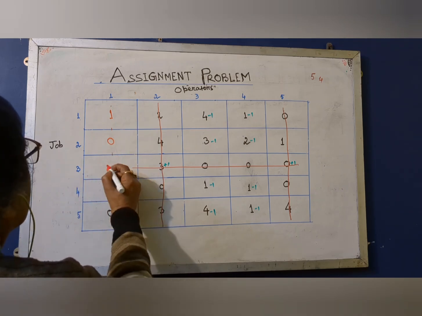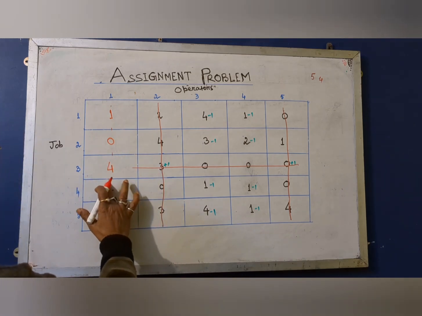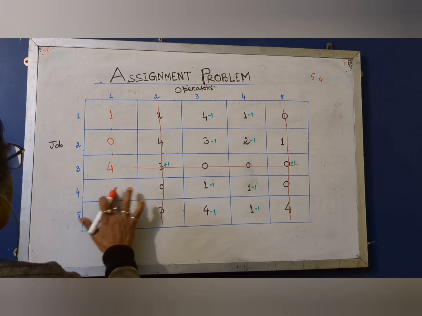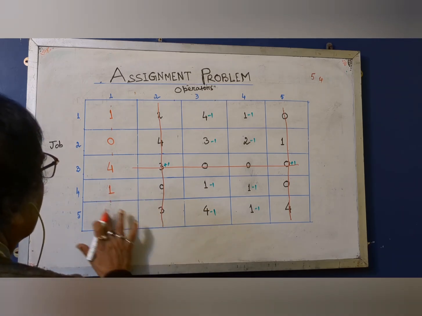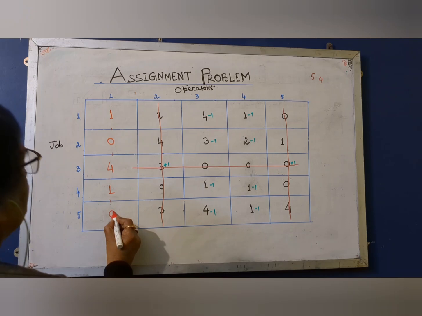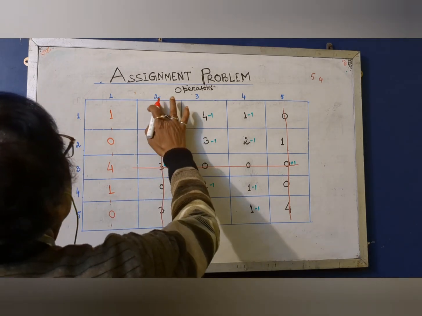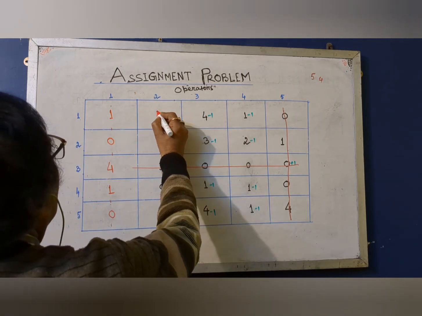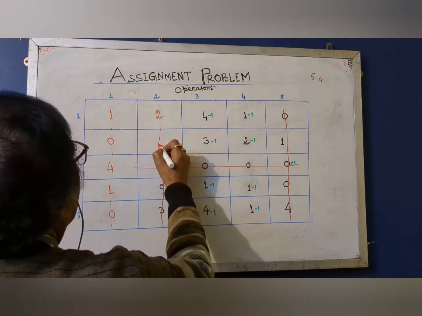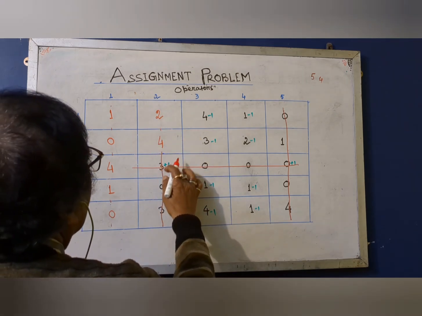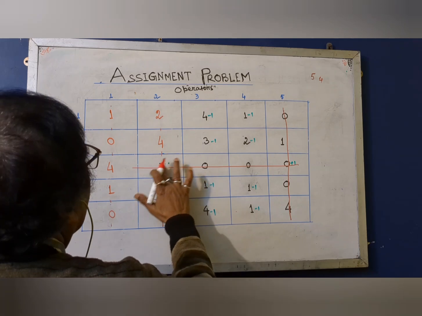This is the revised matrix. You note 4, and it will remain the same. That is 1. It will be 1. It will also remain the same. It will be 0. It will remain the same. That's why it will be 2. It will remain the same. That's why it will be 4. But in this case it will be 4. 3 plus 1, it will change.